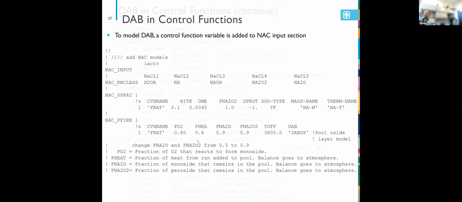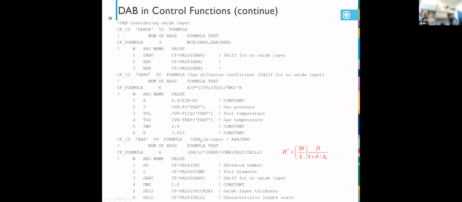Here is the oxygen diffusion control function, and then you have other control functions. This one shows you how this equation is modeled into the control function, pretty close to what you have in the mathematical expressions. And this shows you how to calculate the gas diffusion, which is showing you the default one here, the DABO.